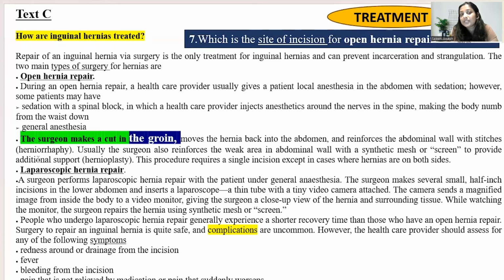Oh, okay, this is regarding laparoscopic hernia repair. So you need to read the question properly. They asked regarding open hernia repair, which is the site of incision. For open hernia repair, the surgeon makes a cut in the groin. So the groin is the answer.